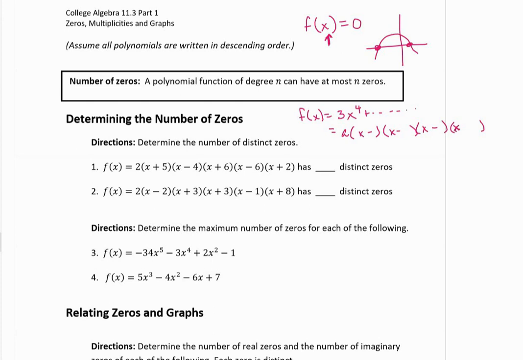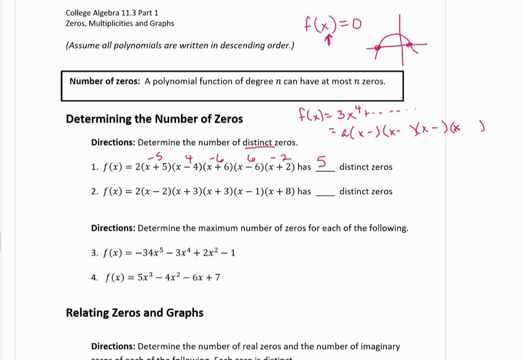Okay, let's look at problem 1 here. Determine the number of distinct zeros. Well, I have my equation already factored out. This zero is -5, this one's 4, this one's -6, this is +6, and that's -2. They're all different. There are 5 distinct zeros.